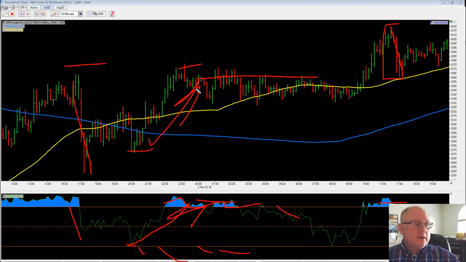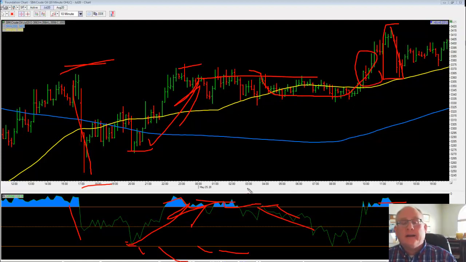What I'm trying to get at is that just because this looks good here, you can get caught. For instance, if you tried to short this little area right here, you got yourself caught on that side. So it's not something you can trade by itself, but it can help determine where some good trade setups can be.